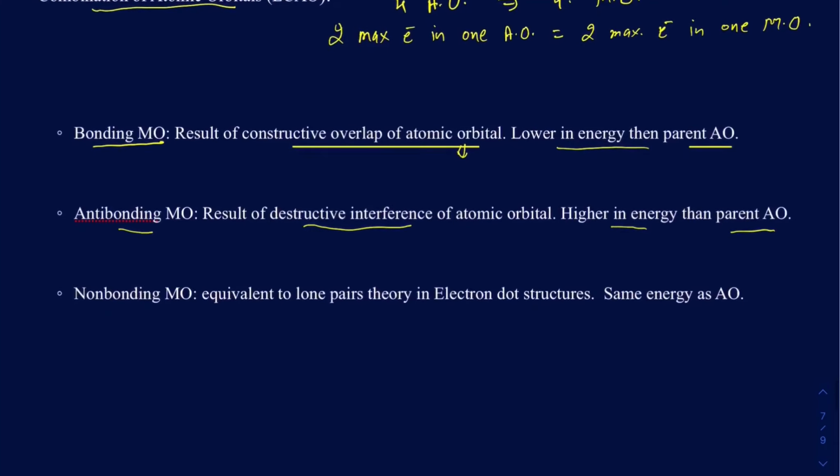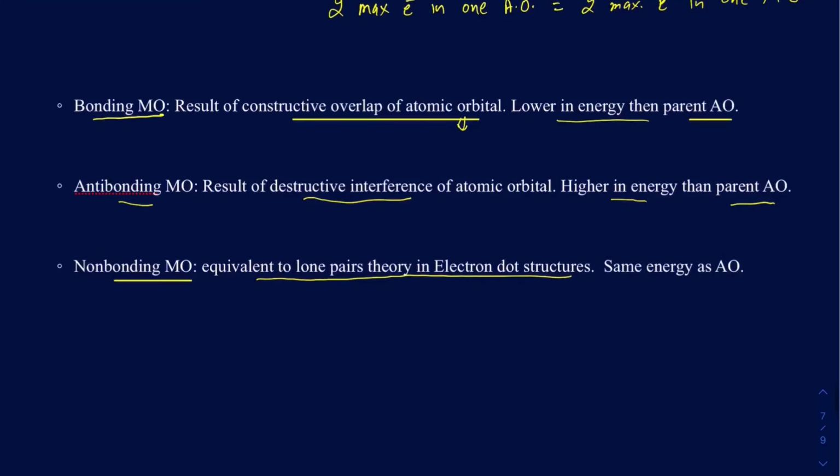And then occasionally you may see something called non-bonding molecular orbitals. Now, non-bonding molecular orbitals are actually going to be equivalent to the lone pairs that you have seen in the electron dot structures, and they usually have the same energy as that of atomic orbitals. So if you recall ammonia, or NH3, and I said I'll come back to that, this lone pair that's on the nitrogen is coming from the non-bonding molecular orbital.